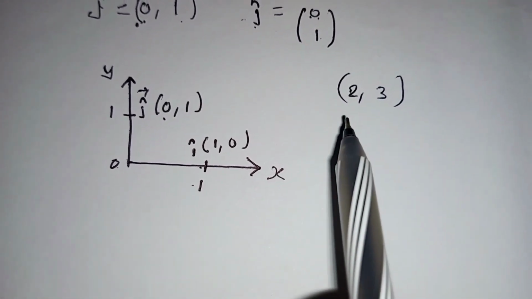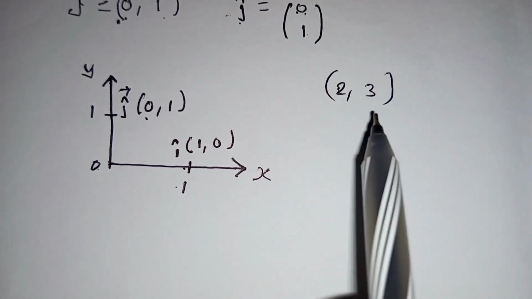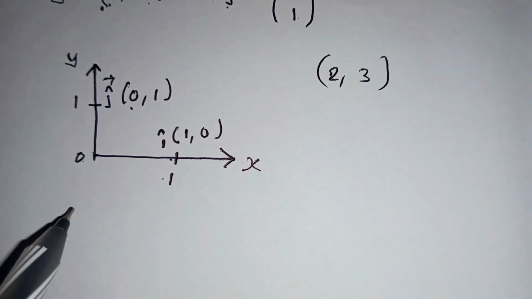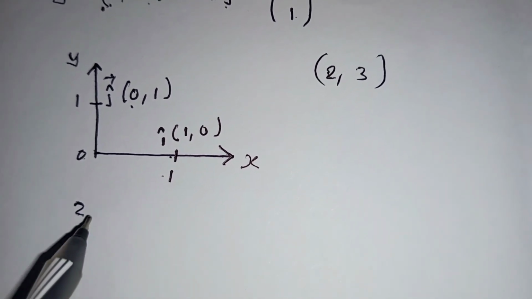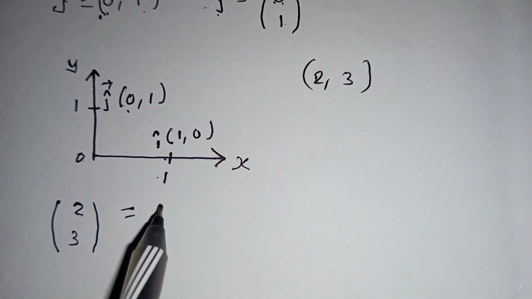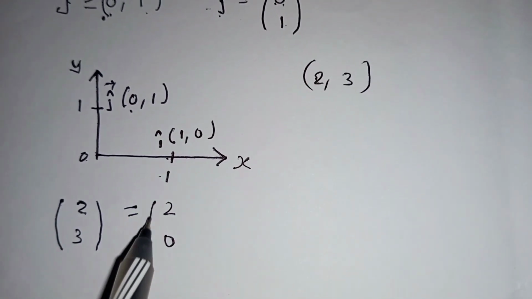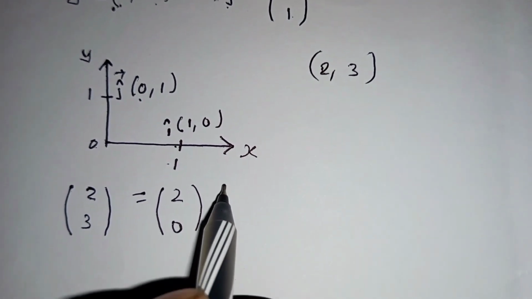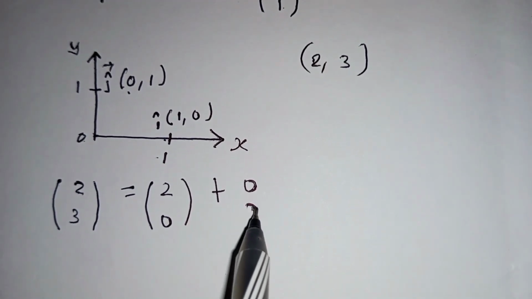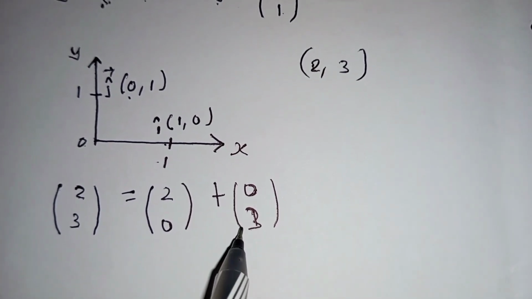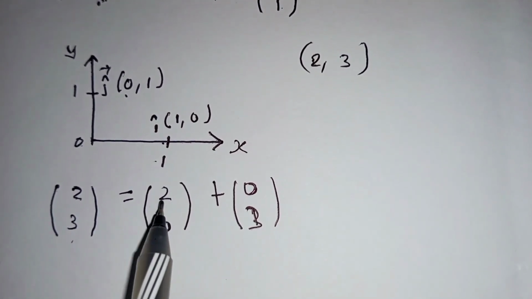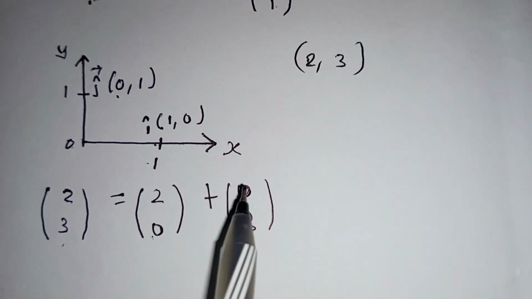Given any point like (2, 3), we can express this in terms of unit vectors. We write it as the column vector 2, 3, and we separate it and write it as (2, 0) plus (0, 3).